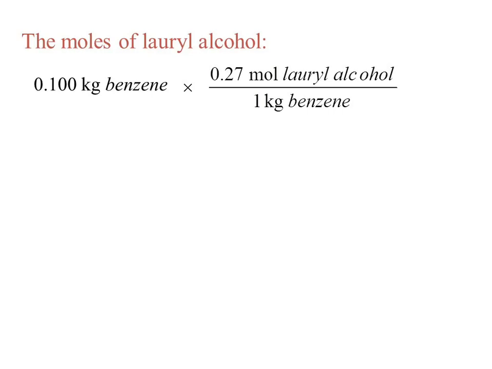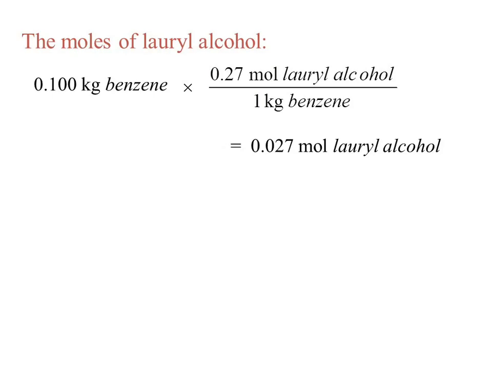Kilograms of benzene cancel, and we're left with moles of solute, moles of lauryl alcohol. Rounding it to 2 significant figures, the moles I have is 0.027, not so surprising. Move decimal place, right? 0.027 moles of lauryl alcohol.